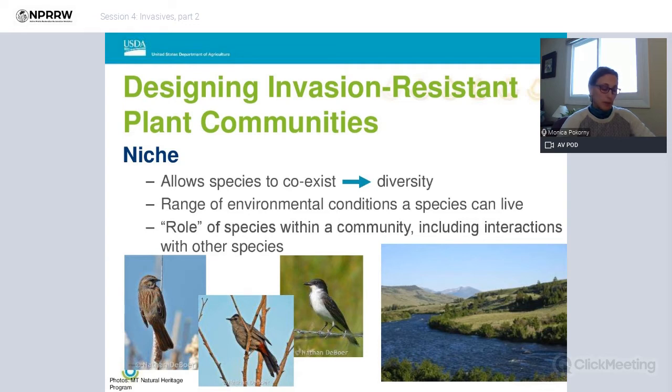And then you might also have a sparrow in that area that occupies higher areas in the shrubs and it gathers seeds from the ground. And then you might also have a catbird in that area that feeds on insects and fruits in thick brushes. And all of these species can coexist in the same spot because they're basically exploiting resources differently.